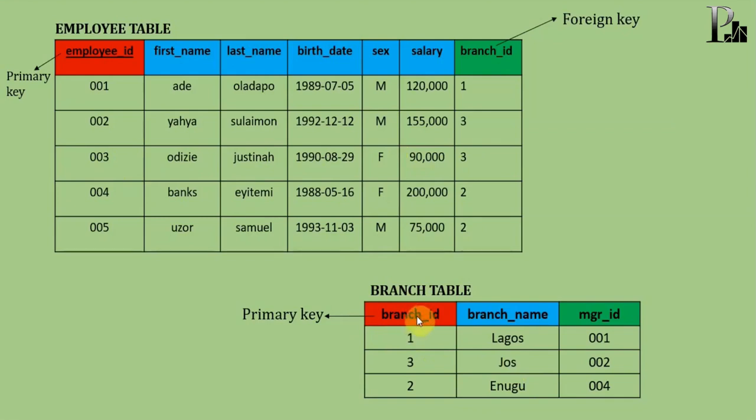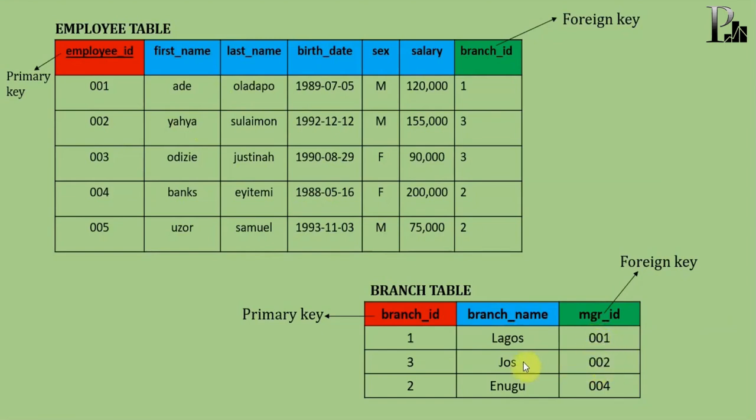And now even this one has its primary key, and it even has its own foreign key, which links it to another table. So the person who manages the Lagos branch has manager ID 001, and the employee ID 001 is Ade Oladapo. So it means Ade Oladapo works for the Lagos branch, and also manages the Lagos branch.